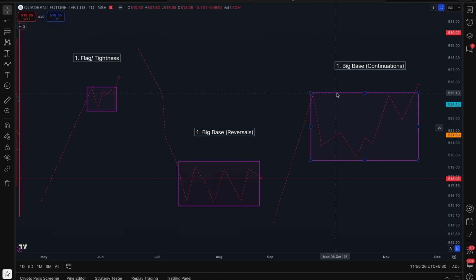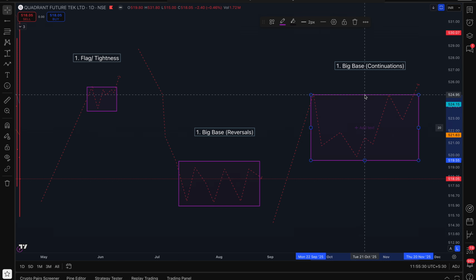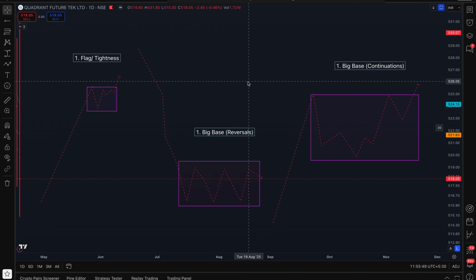This is something I call O'Neill pivots, and they will also have a previous uptrend rather than a downtrend, like in the case of the big base reversal. So big bases and flags are the only two possible setups in the market for any participant, be it a beginner or a non-beginner.